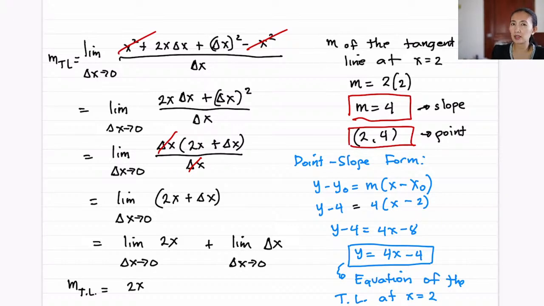Kasi iba na naman yung point of intersection or point of tangency. In that case, the point of tangency will be the point 1, 1. But in this case, the point of tangency is the point 2, 4. Point of tangency refers to the point at which the line crosses the curve. So we have to be very specific. This is the equation of the tangent line at x equal to 2.